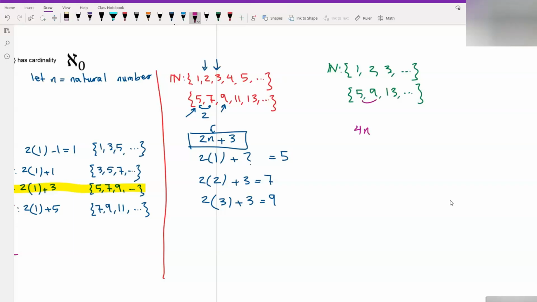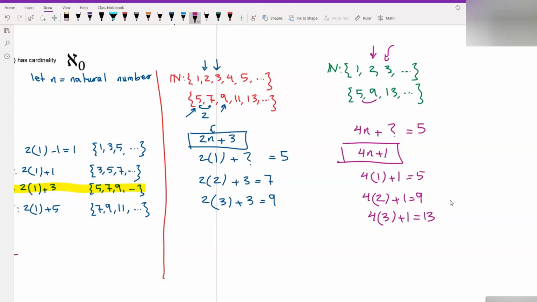We have 4 times n, multiples of 4, and add something here to be able to find 5. So it's 4 times 1 plus 1 is 5. Next one here is 4 times 2 plus 1 is 9. The third one here, 4 times 3 plus 1 is 13. So this is what we have for this part. It's n to 4n plus 1.